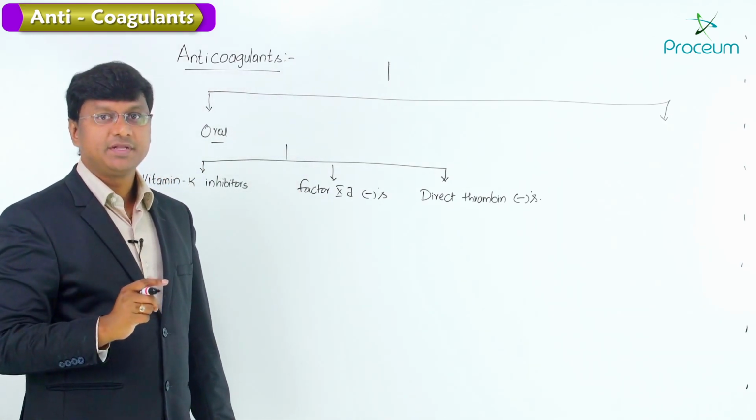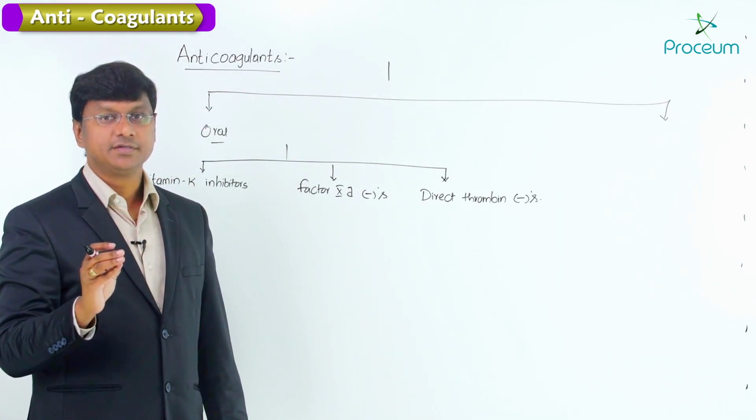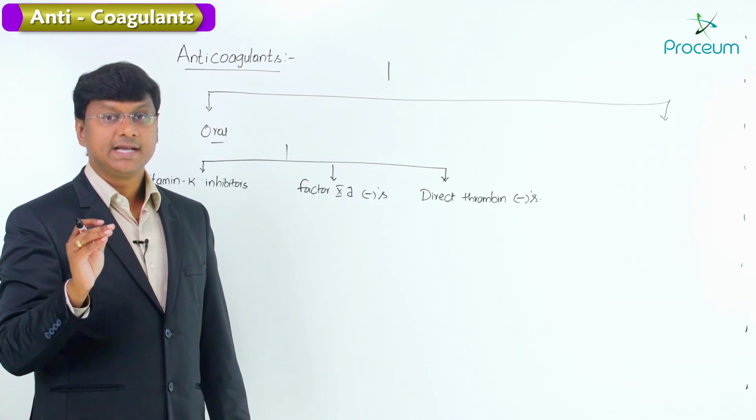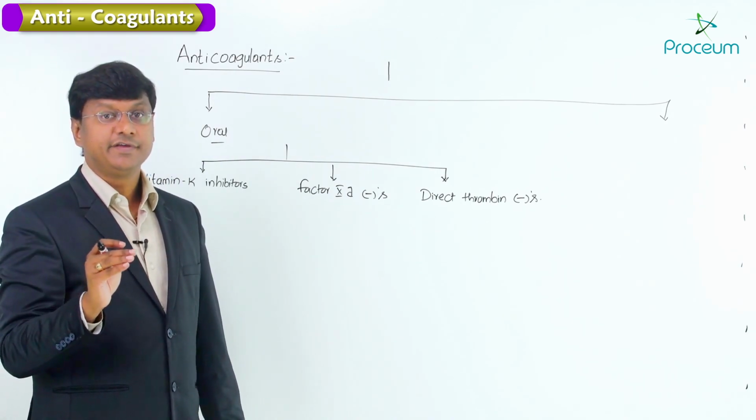If you take the vitamin K inhibitors, this includes warfarin, dicumarol, acenocoumarol, and then phenindione.